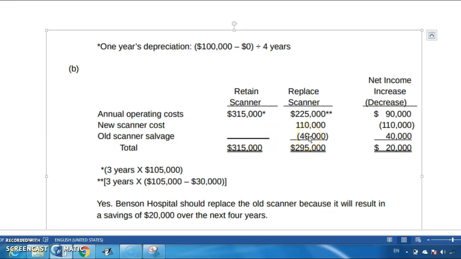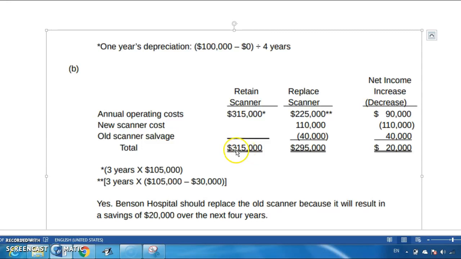So here, to replace the old scanner with the new one, the hospital is going to get actually 40,000. So it's going to be minus for the new scanner. That is why we have it in brackets, and that is going to be an increase in the net income, which is $40,000.